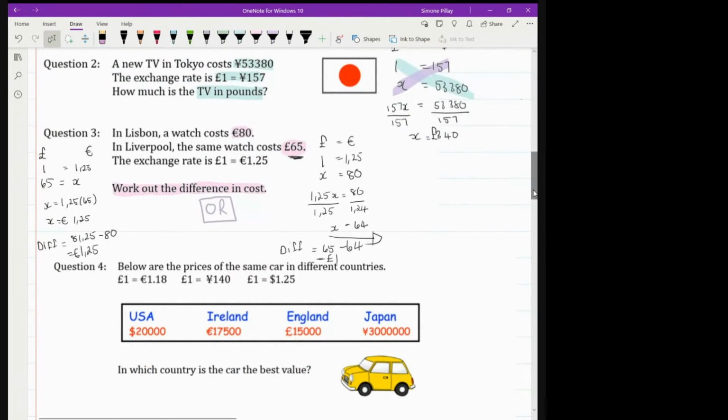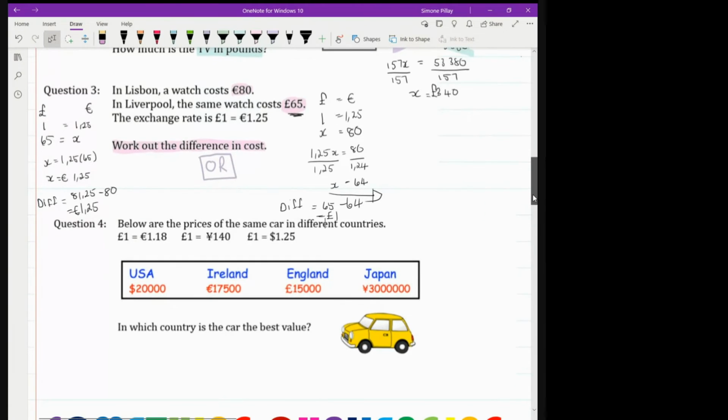Okay. We have our last question here on exchange rates before we move on to something a little bit different. It says below are the prices of the same car in different countries. In the USA, a Honda Civic is going to cost us 20,000 US dollars.